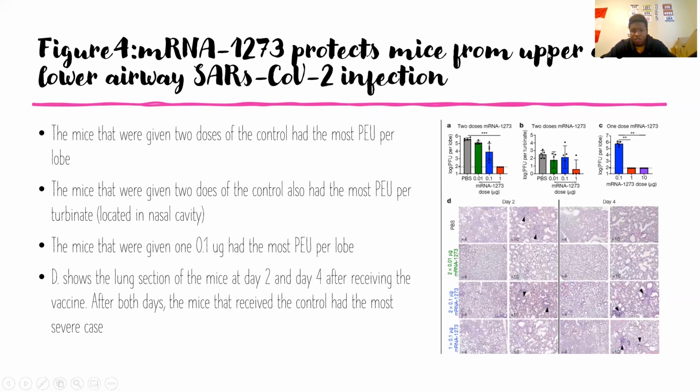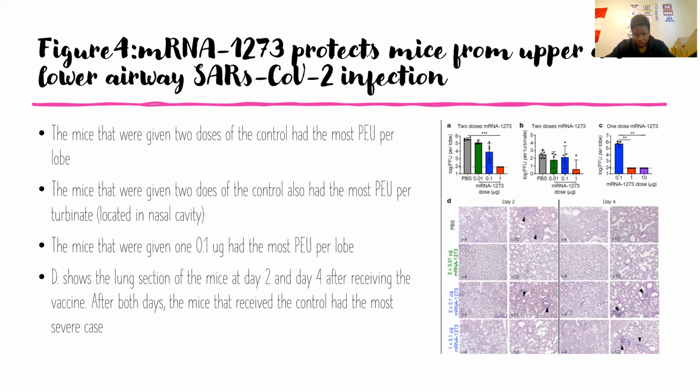Then there are mice also given 2 doses of the mRNA 1273 vaccine, and there's a group of mice that are given just a single dose of the mRNA 1273 vaccine.